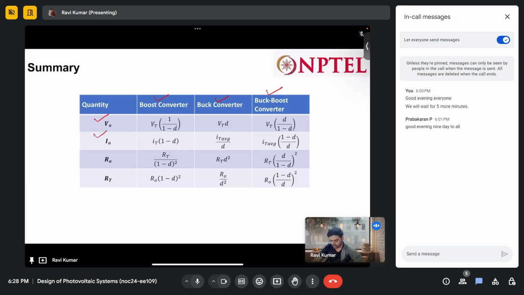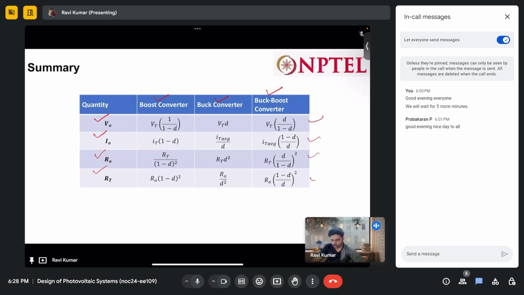I naught is the current across the load, this is the resistance towards the load, and this is the resistance towards the terminal. These are the different relations for all types of MPPT tracker. All these quantities we will be utilizing in solving the numericals.